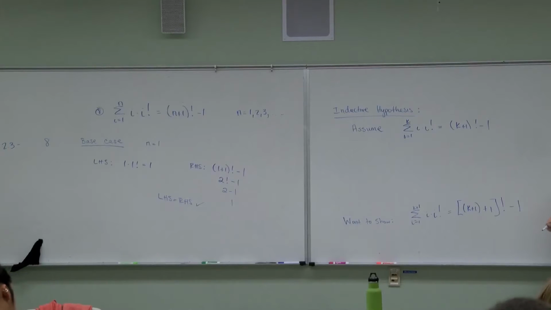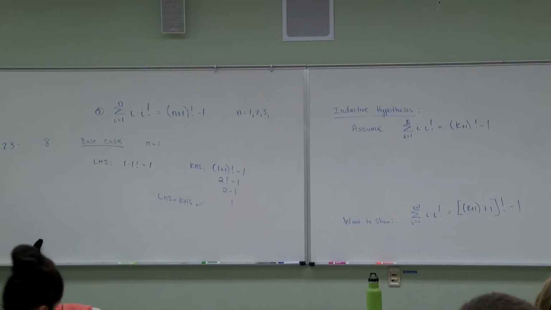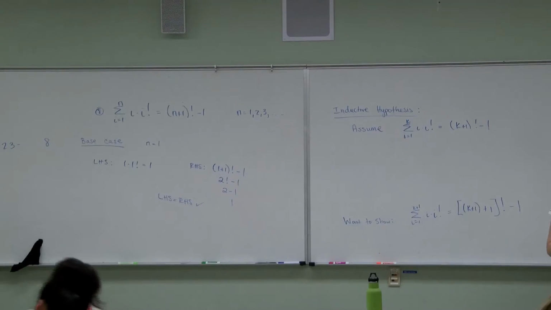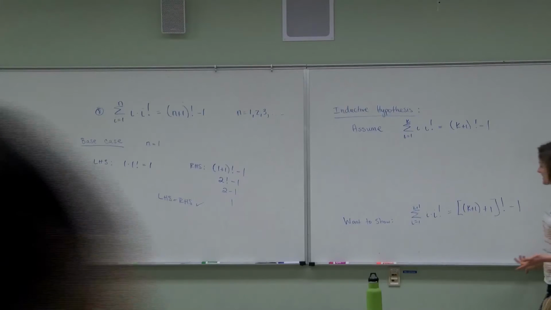Okay, so what questions do we have about the basic structure of this proof? Michael? Sorry, I first got a little confused with where the extra plus 1 came from. I know you were just saying you had k plus 1 and then k plus 1, and it just clicked on me. Great, yeah.